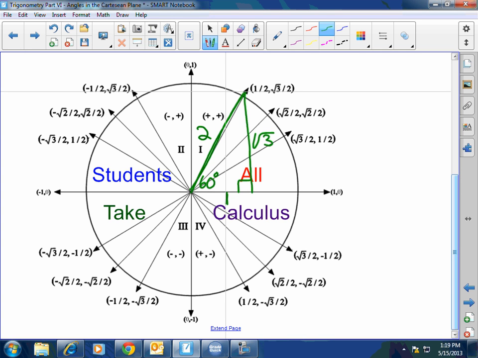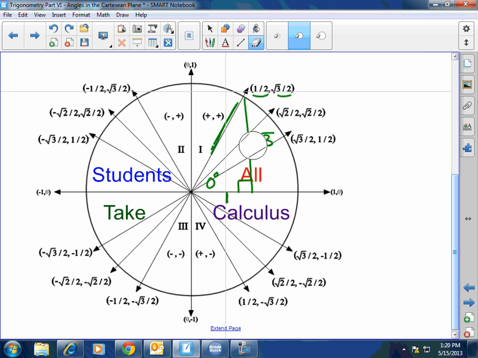Those are not the figures for a unit circle, but those are the figures that we're going to use to find these values. What's the sine of 60? Opposite over hypotenuse, radical 3 over 2. What's the cosine of 60? Adjacent over hypotenuse, 1/2.